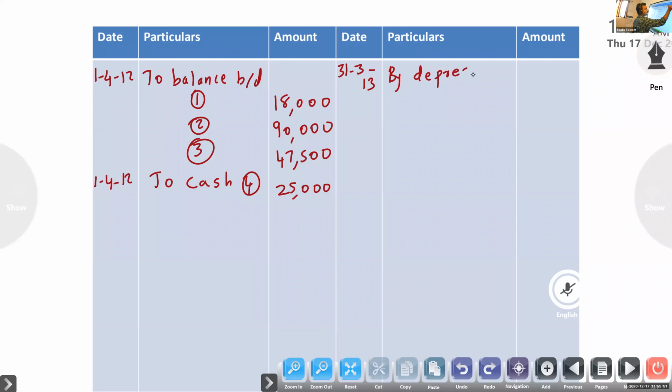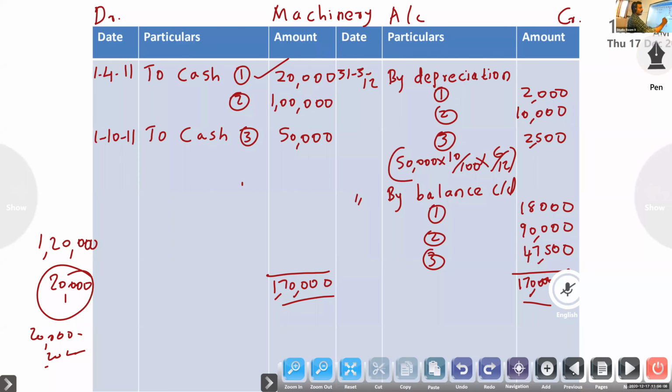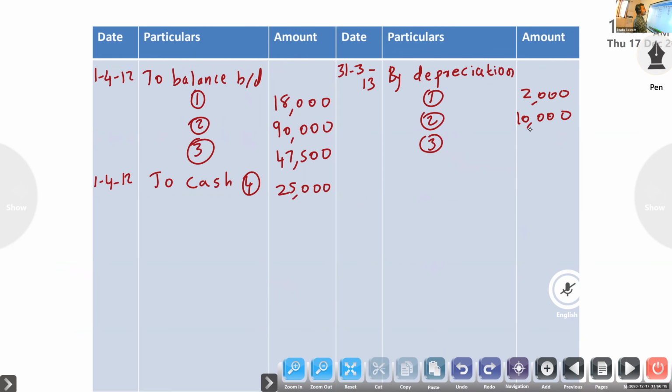So by depreciation: 1, 2,000, last year also same. 2, 10,000. 3, last year 2,500; this year 50,000 into 10%, 5,000.